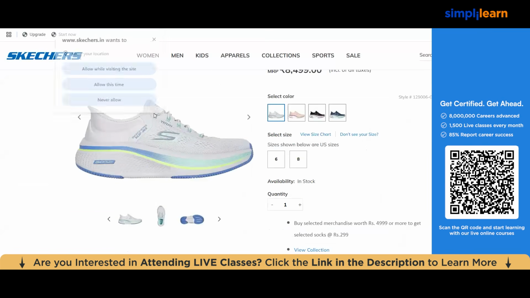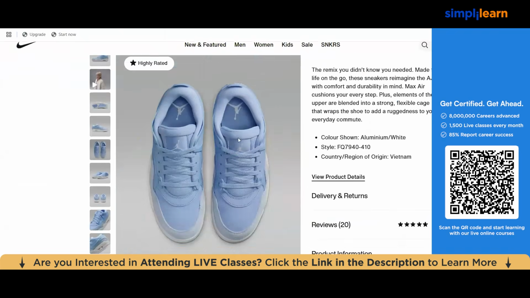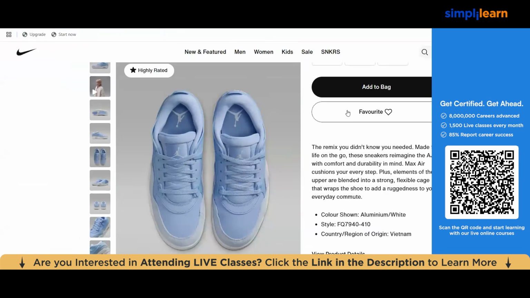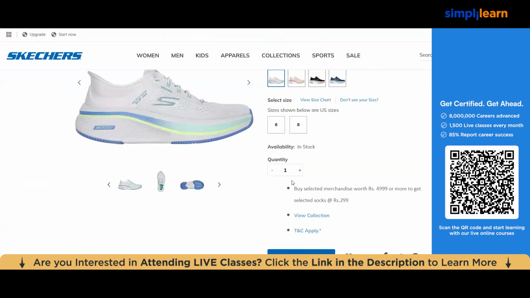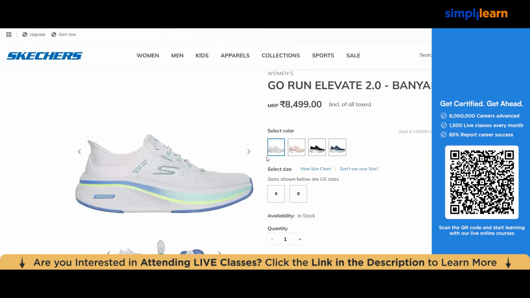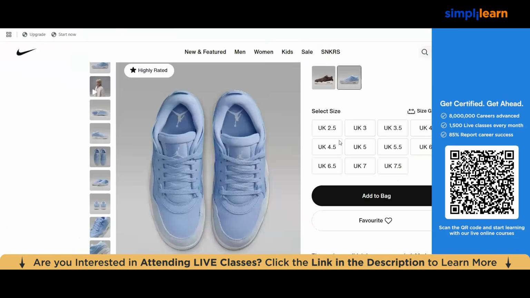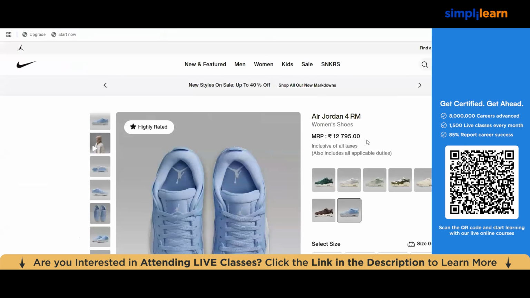See, that's what I have in terms of visual point of view. Also, this is the visual presentation of theirs. This is the product detailing about Nike, and this is the product detailing about Skechers.